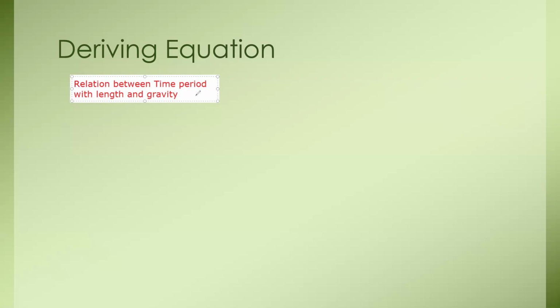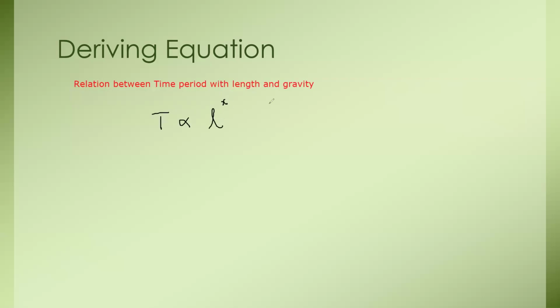You will say that the time period is directly proportional to the first quantity raised to power x, and it is proportional to the second quantity raised to power y. If there was a third quantity, I will say z. If a fourth quantity, I can say a, b, c. Even instead of x and y, you can also use the letters a and b.